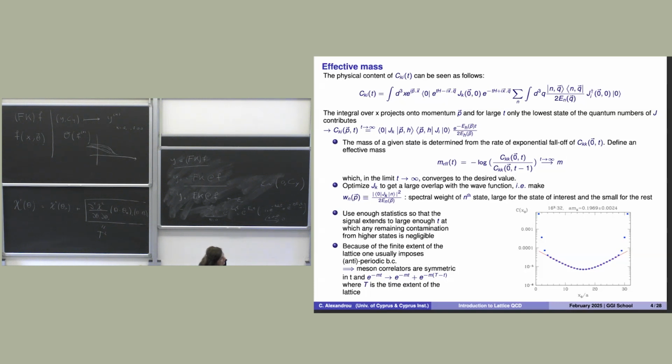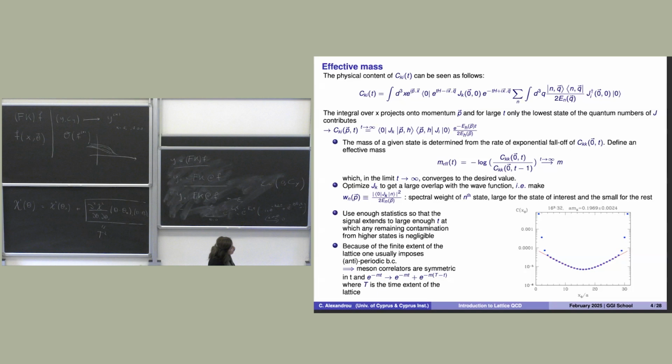This is my pion, and because I have periodic or antiperiodic boundary conditions in time, I have a symmetry at the middle of my lattice. So this is a lattice of 32, probably, and I have a symmetry around 16, because I am on a ring.